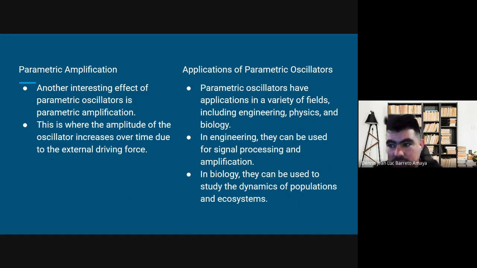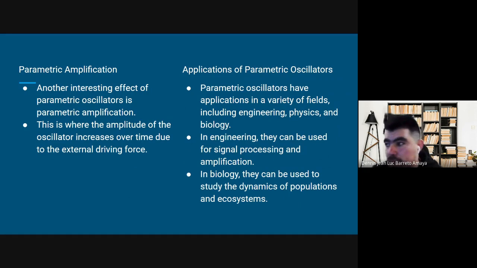Parametric amplification. Another interesting effect of the parametric oscillation is the parametric amplification. This is where the amplitude of the oscillation increases over time due to the external driving force.